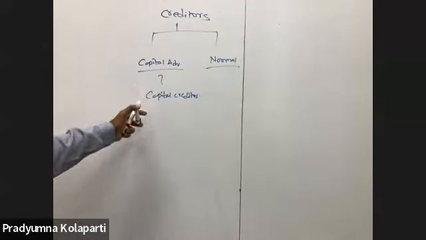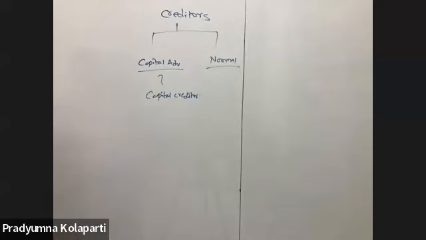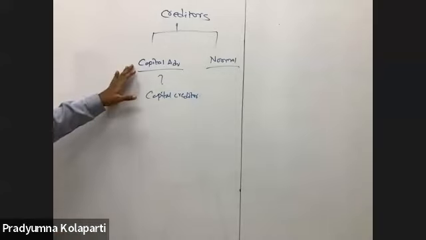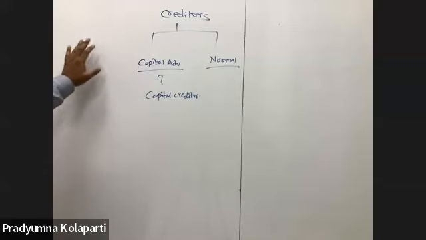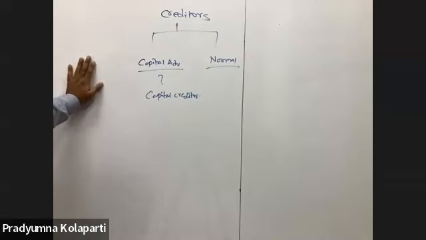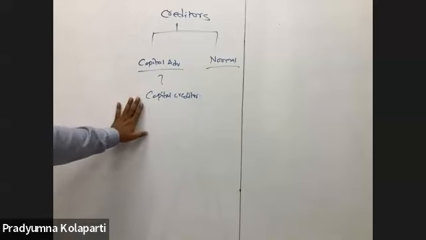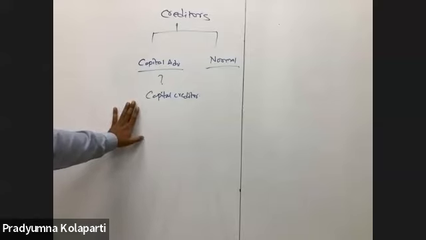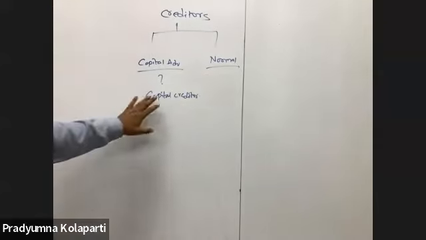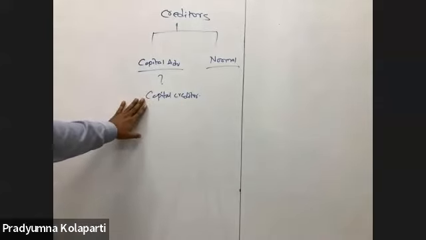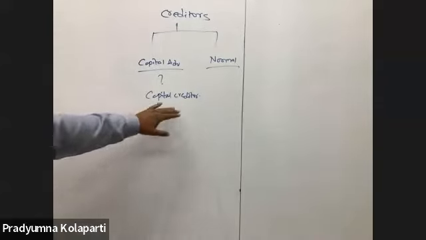See, whatever asset I am building, if I have paid money in advance, then it will become capital advance and it will be in long-term loans and advances. And if it is a capital creditor, then again it will be in creditors only. It will not be differentiated. But we have to show capital creditors separately.